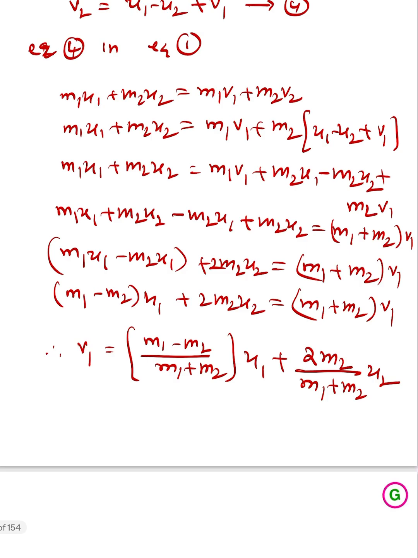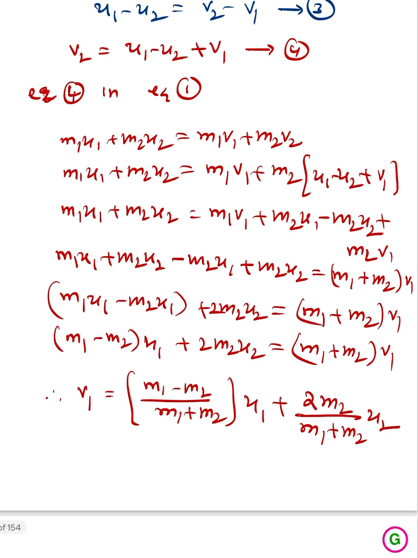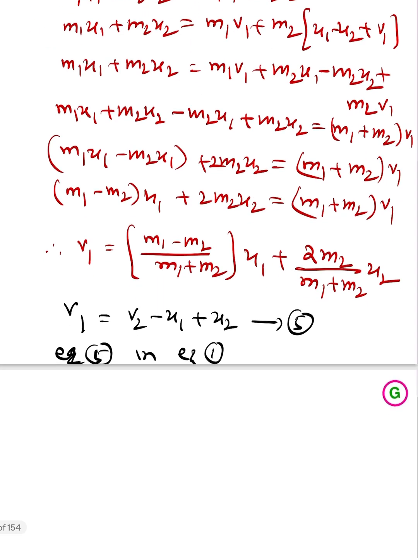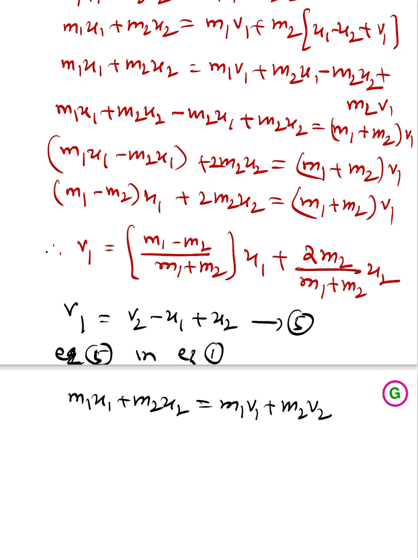Then from equation 3, we write v1 equals v2 minus u1 plus u2. Substitute this in equation 1, the momentum equation: m1 u1 plus m2 u2 equals m1 v1 plus m2 v2.